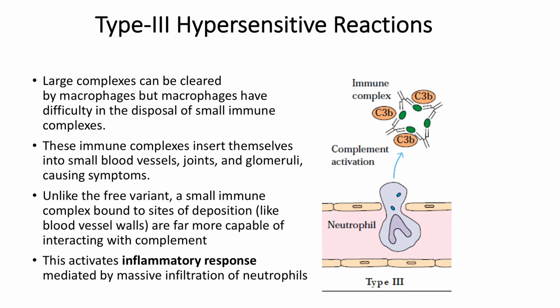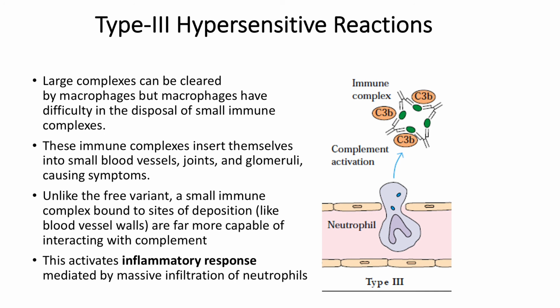But the small immune complexes cannot be identified very easily by the macrophages. So these small immune complexes insert themselves into small blood vessels, joints, and glomeruli, causing symptoms.